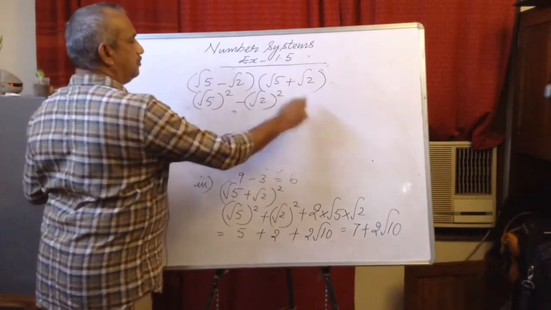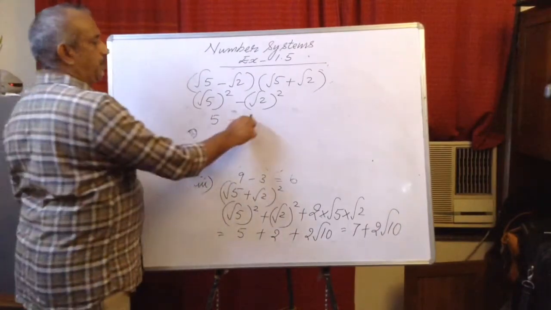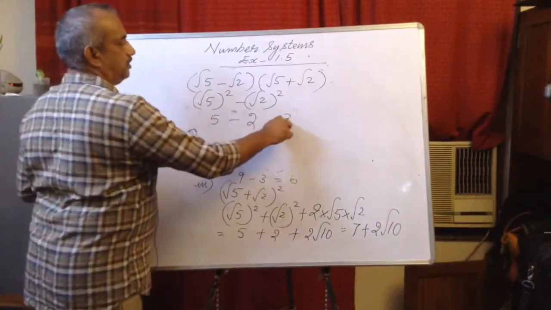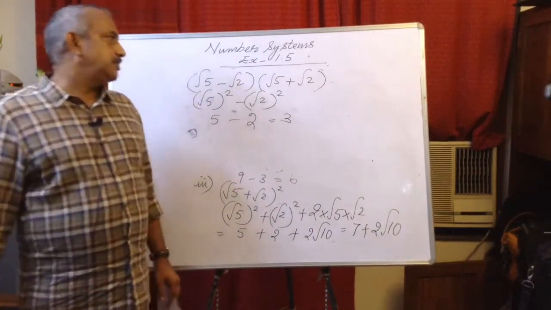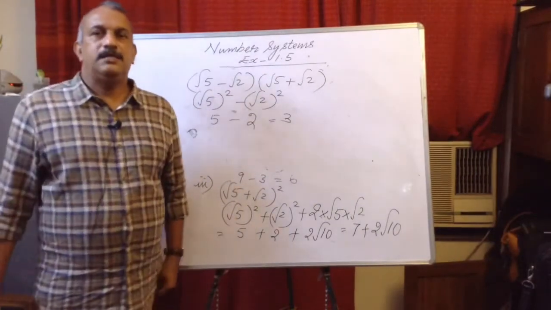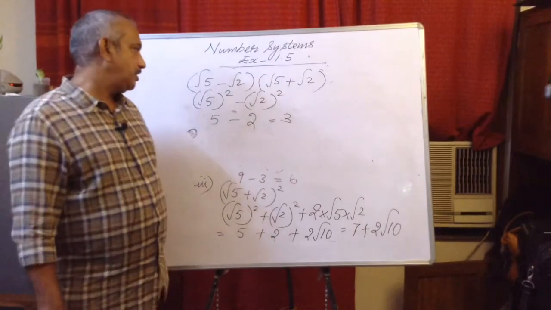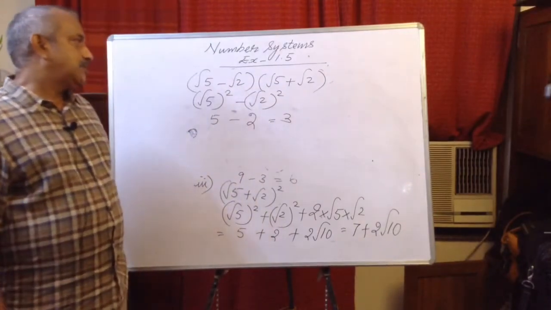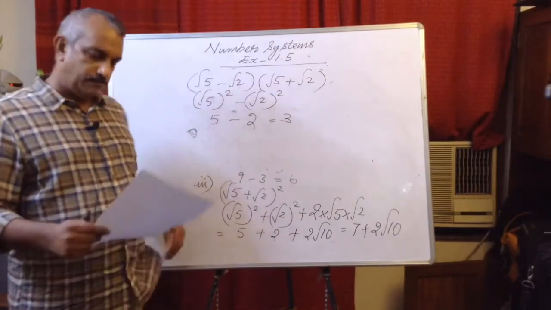So root 5 square 5, minus root 2 square 2, is equal to 3. It is in the form a plus b into a minus b, or a minus b into a plus b. Then the identity says a plus b into a minus b is equal to a square minus b square. So root 5 the whole square minus root 2 the whole square, 5 minus 2, which is equal to 3.